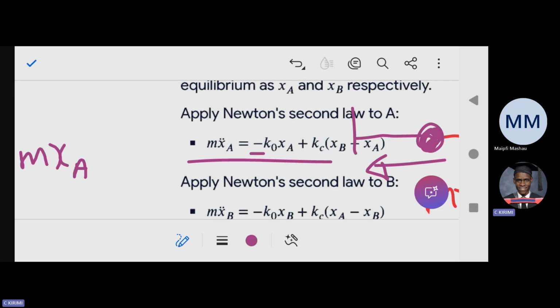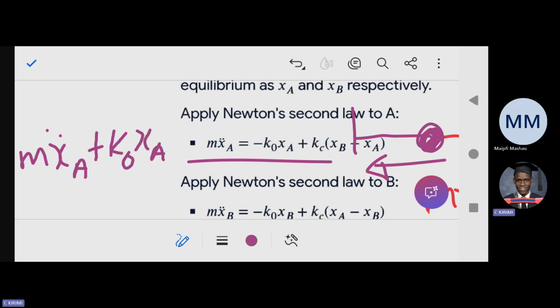This force which we are dealing with is negative. We are saying mass times acceleration equals minus K naught XA minus Kc. When it comes to the left, it becomes plus. This K naught X becomes plus, coming from the right-hand side to the left-hand side. Oh, that's why the mass times acceleration didn't change.